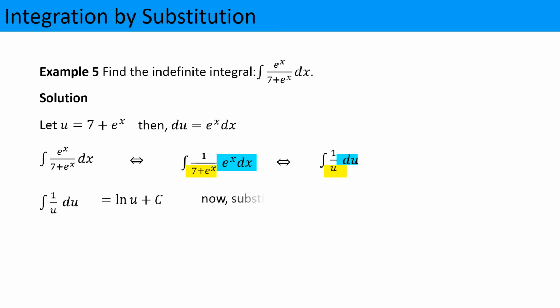Now remember, your final answer has to be in the same variable that the original problem was in. So where u was, replace it with what we started out with, which was 7 plus e to the x. And you get ln of the quantity 7 plus e to the x. And don't ever forget the plus c when we're working with indefinite integrals.